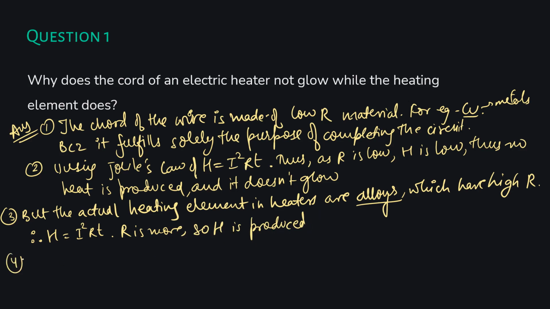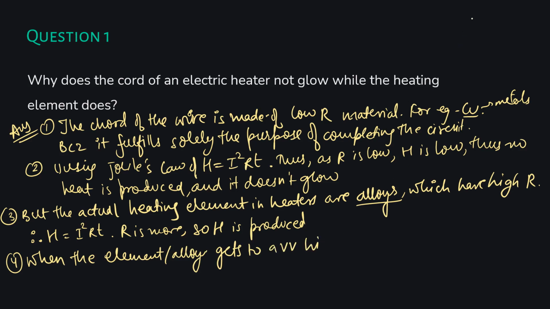So you must have seen, like in movies or somewhere, where blacksmiths are tending to an iron. When it becomes very hot, or any metal or any element, when it becomes super hot, it starts to glow red or orange. So that is exactly what happens.